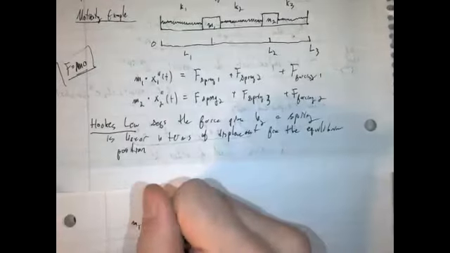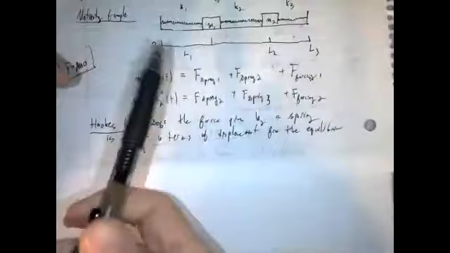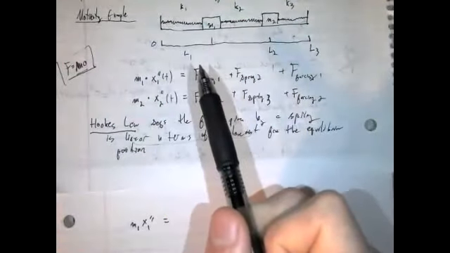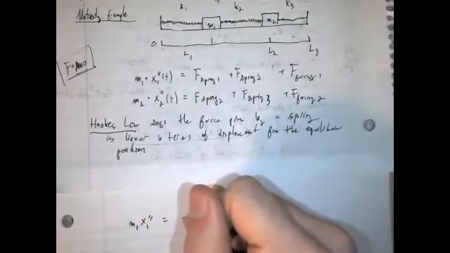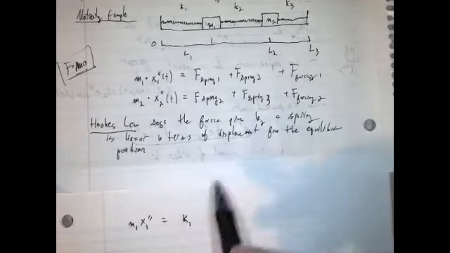So M1 X1 double prime is equal to, let's make the positive direction the right-handed direction. So I'm going to have a particular spring force, and here it's going to be some coefficient times K1. This is the proportional to.